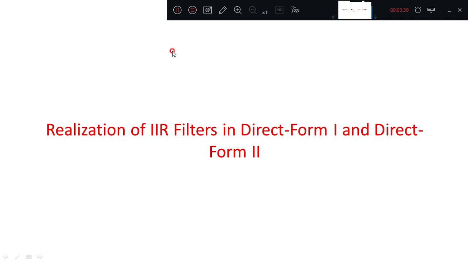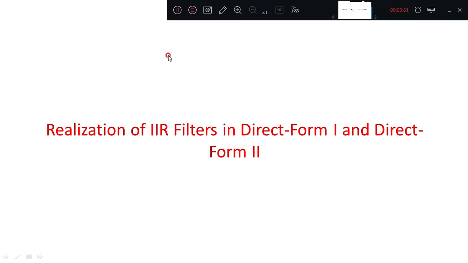And if you take the transfer function of IIR filter, it has both numerator and denominator. The numerator corresponds to the zeros and the denominator corresponds to the poles. So IIR filter is also known as the pole-zero filter.